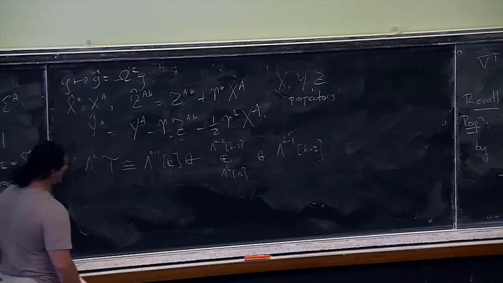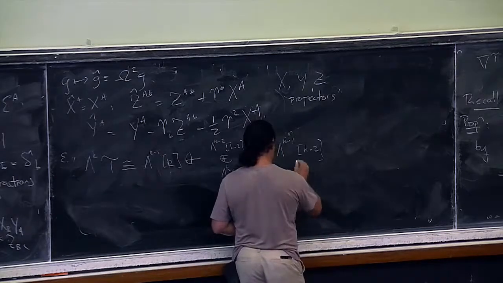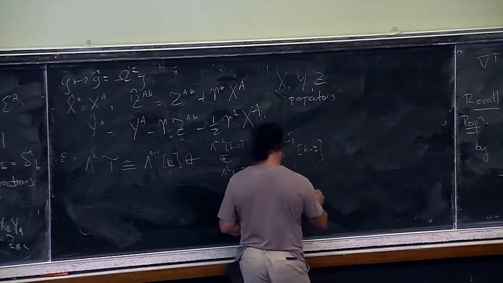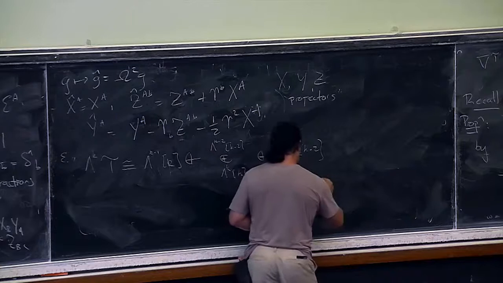Okay, so how do you see this composition structure? Well, this part is just this X projector wedged with k minus 1 Z's.